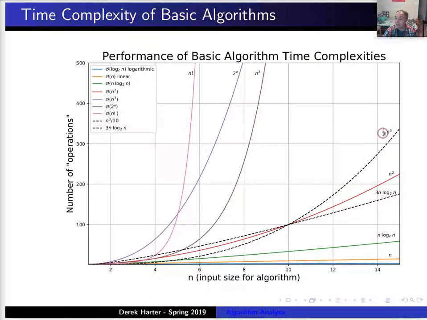It doesn't matter how small I make this, 1/1000th, 1/1,000,000th, as long as it's just a constant greater than 0. At some point, that n cubed algorithm, once n is big enough, is going to be slower than an n squared algorithm. All right, so that's an important thing to understand.